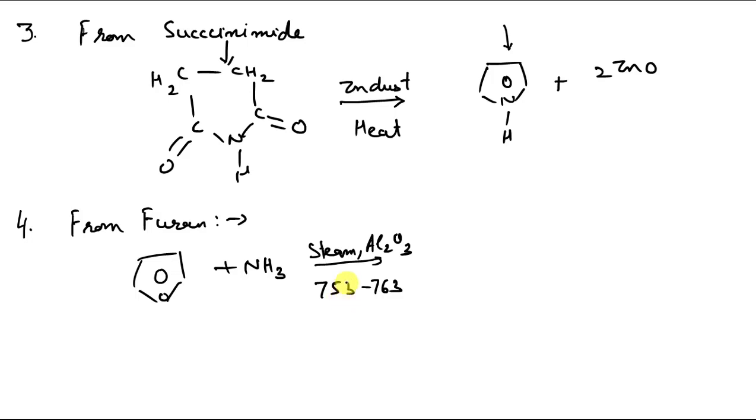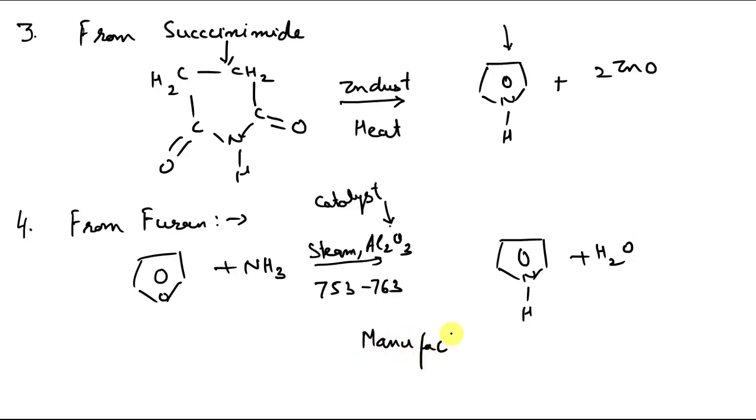Alumina acts as a catalyst. This is an important method to prepare pyrrole from furan, because this method is used in the industrial manufacturing of pyrrole. So these are some methods by which we can get pyrrole.